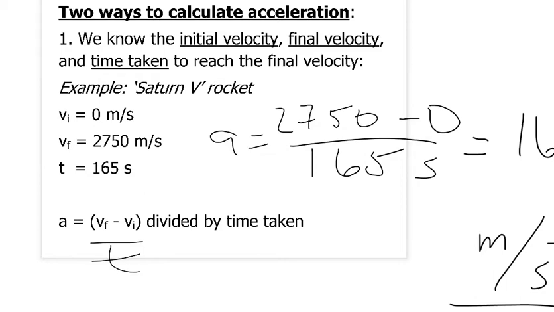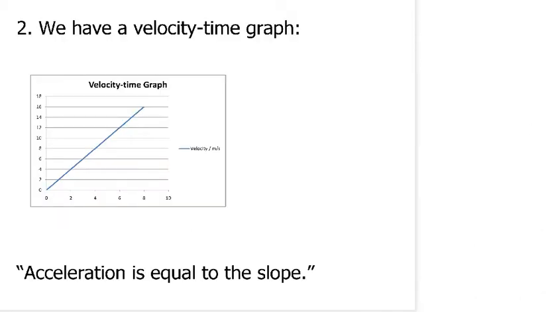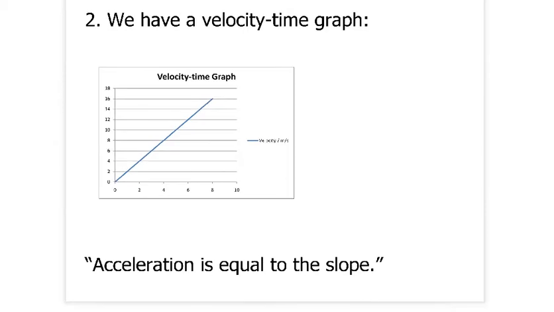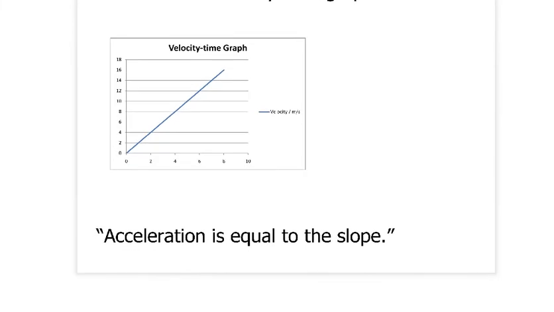The other way is as follows. Okay, so if you have a velocity time graph instead of numbers that you're working with, well, it's actually really simple in this case. The acceleration on a velocity time graph is equal to the slope of the line. Or if the line is really squiggly, you might do an average between 2 points, an average slope between 2 points on the graph.